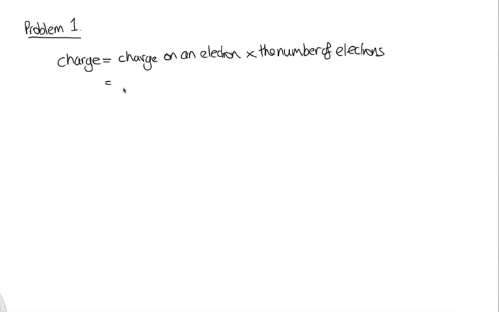So the charge on a single electron is minus 1.602 times 10 to the minus 19 coulombs, and let's let n be the number of electrons. Now the charge we're trying to get is minus 2.00 times 10 to the minus 10 coulombs. So now we can use this to calculate n, the number of electrons.